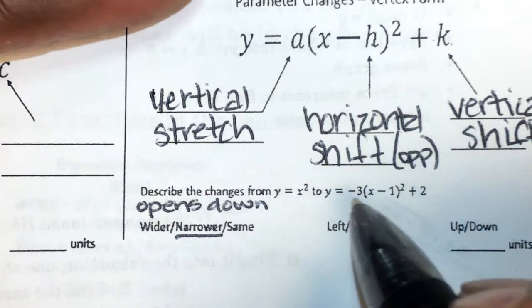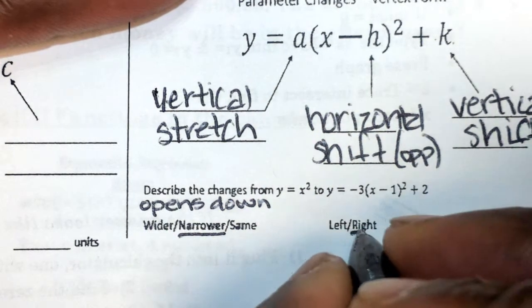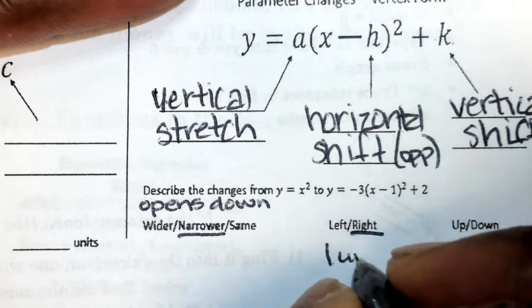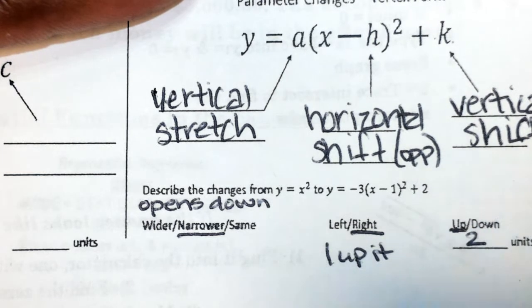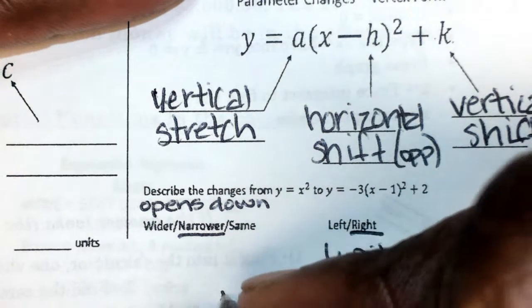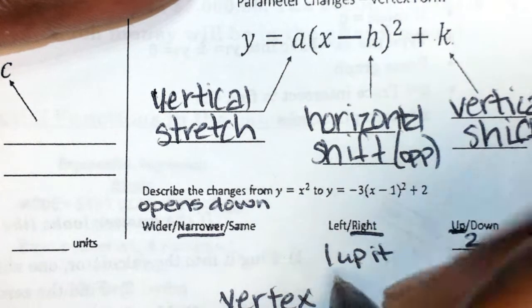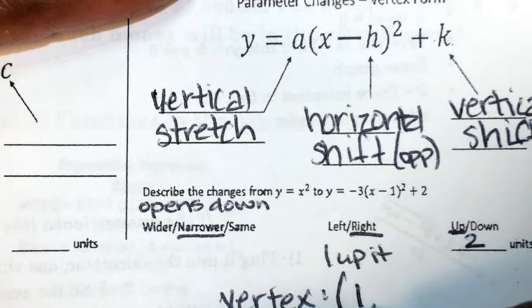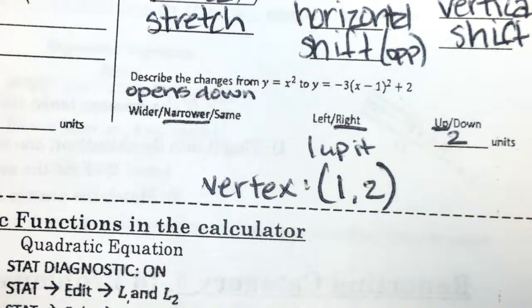It's going to shift to the right. Remember, this does the opposite, so it's going to shift right 1 unit and shift up 2 units. And then just looking at this, our vertex is the opposite of that value, so it's going to be 1, 2. We got that opposite here, and then it goes up 2.